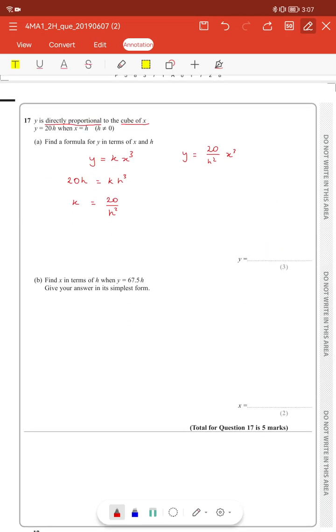Find x in terms of h when y equals 67.5h. So we know 67.5h is equal to 20 over h squared x cubed.